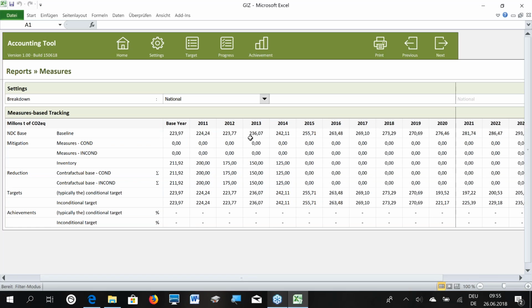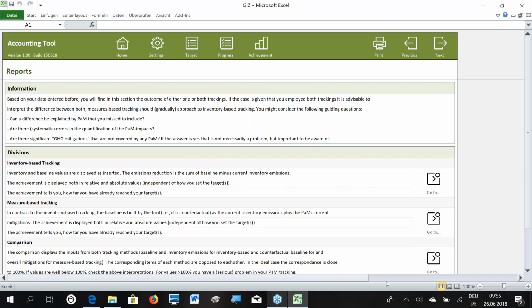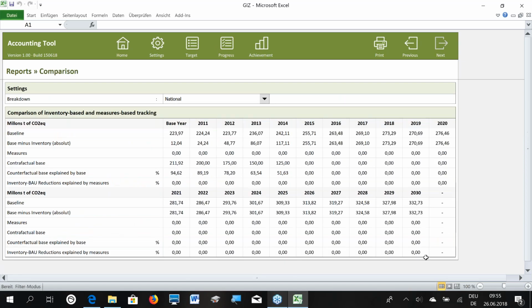And in this sense, also the comparison of this example is not very meaningful by now, but here you would then compare both results, and it would also tell you in how far your counterfactual baseline that can be deduced from your policy and action mitigation tracking explains the baseline you've created for your NDC.